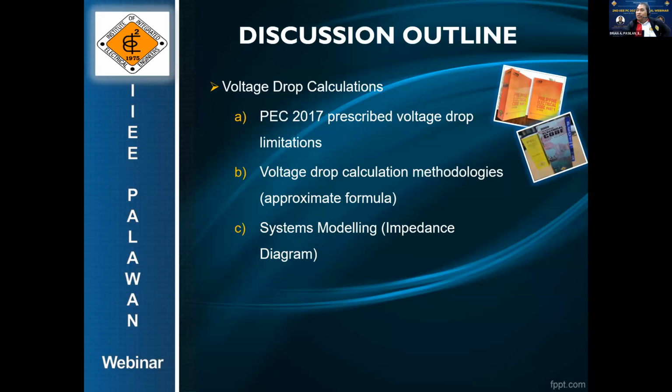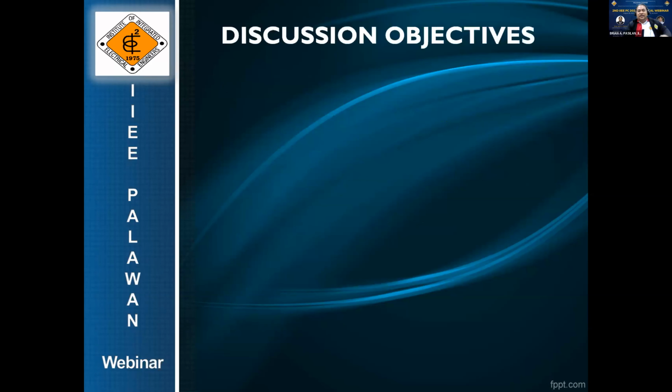How we model our system kasi diyan natin talaga magsisimula ano yung mga impedances, ano yung configuration ng circuit natin. So kung nagkamali tayo diyan, medyo inaccurate na yung calculation natin. Okay? Then the actual calculations of voltage drop, no? Okay?